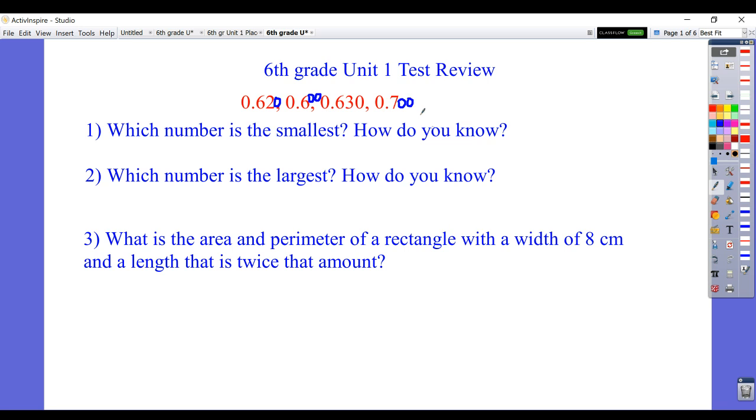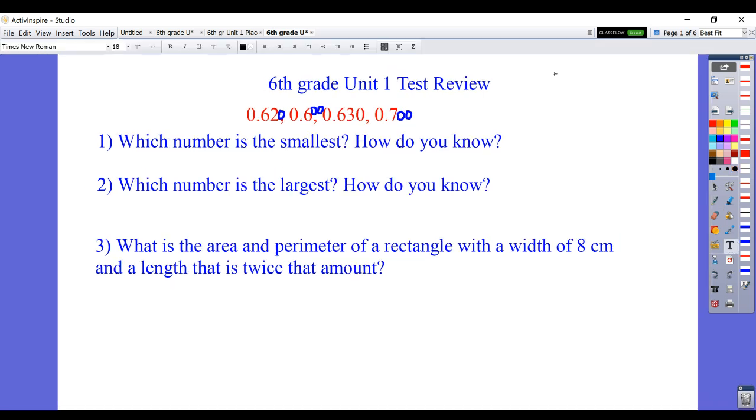Okay. So now what we would have for numbers, and I guess I'll just put these along the side here, is we would have 620 thousandths. We would have 600 thousandths. Below it, I guess, we would have 630 thousandths.